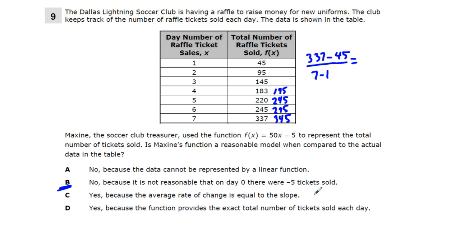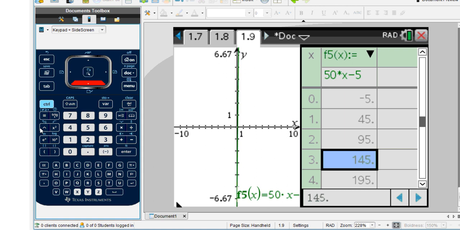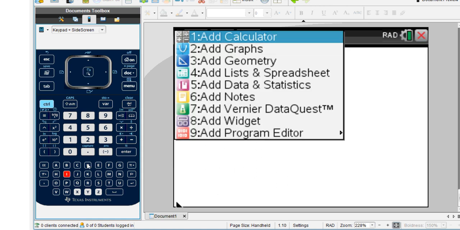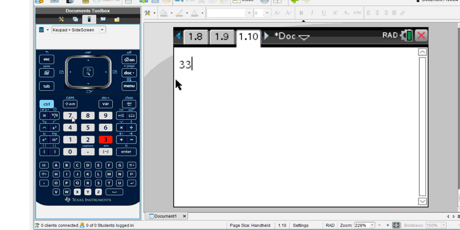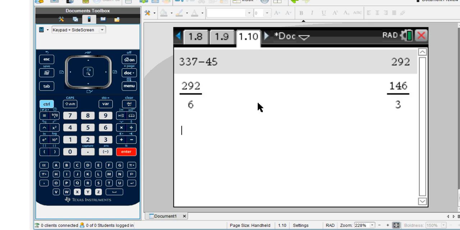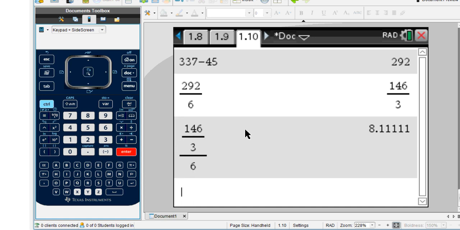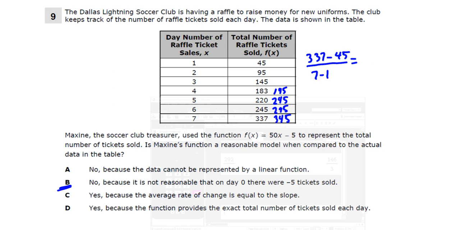So 337 minus 45, and we're going to divide by 7 minus 1, which is 6. So we get 146 over 3. Control, Enter. Still 8.1. Not exactly.